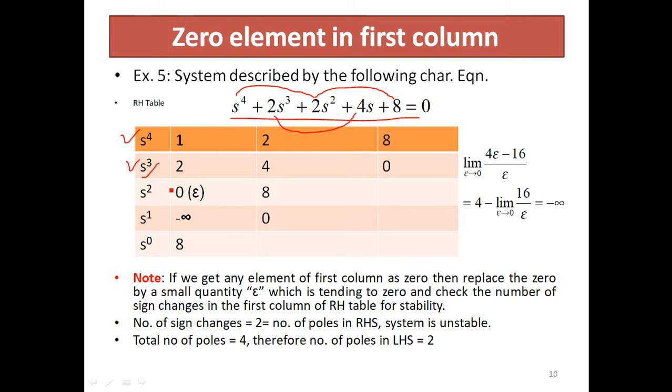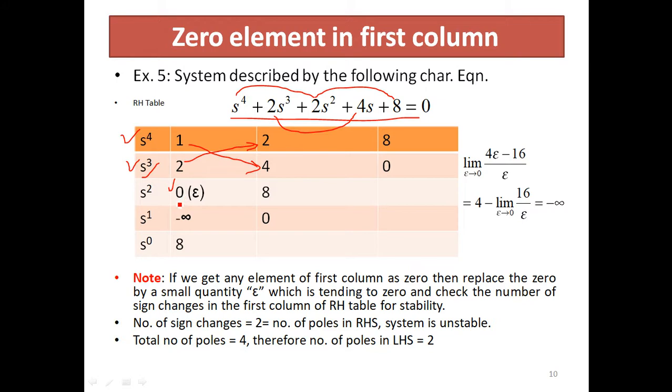Now, this element can be calculated by multiplying these two elements, 2 times 4, minus multiplying these two elements, 4 times 0, divided by 2. So it is 0.